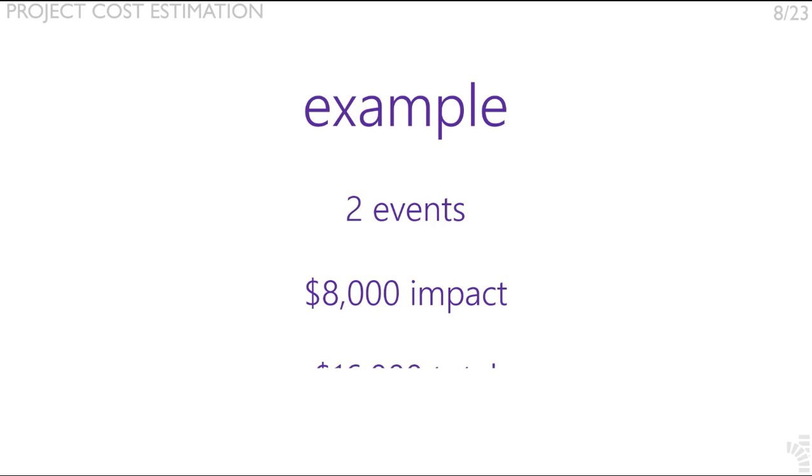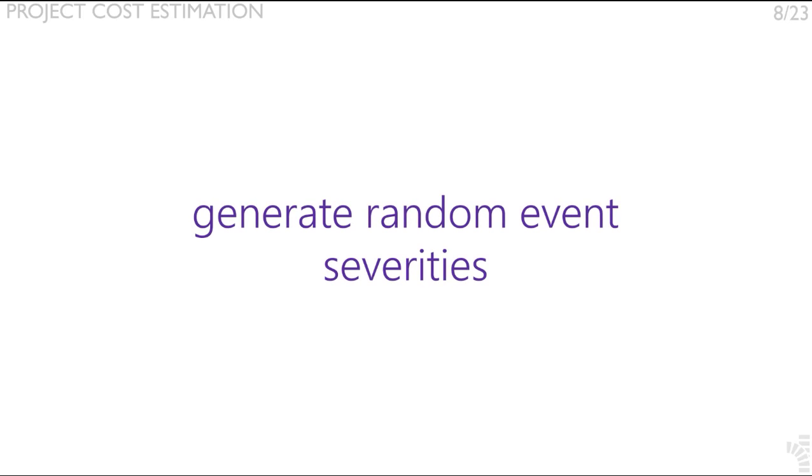For example, if on any given iteration the binomial distribution generated 2 events and the PERT distribution generated, say, a severity of $8,000, then the total amount for this risk would be multiplied to obtain a risk for $16,000. 2 times $8,000. This could be construed as a simplification since hardly both events will occur at exactly the same magnitude of damage or severity.